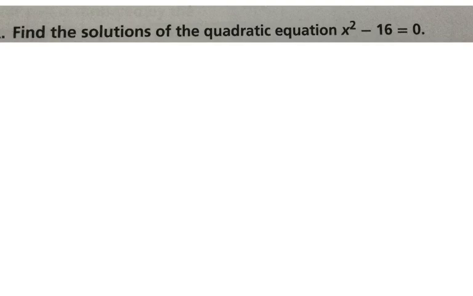So here is a problem. It tells me to find the solutions of the quadratic equation x squared minus 16 equals 0. Eventually, not today, I'm going to show you how we could solve this algebraically.